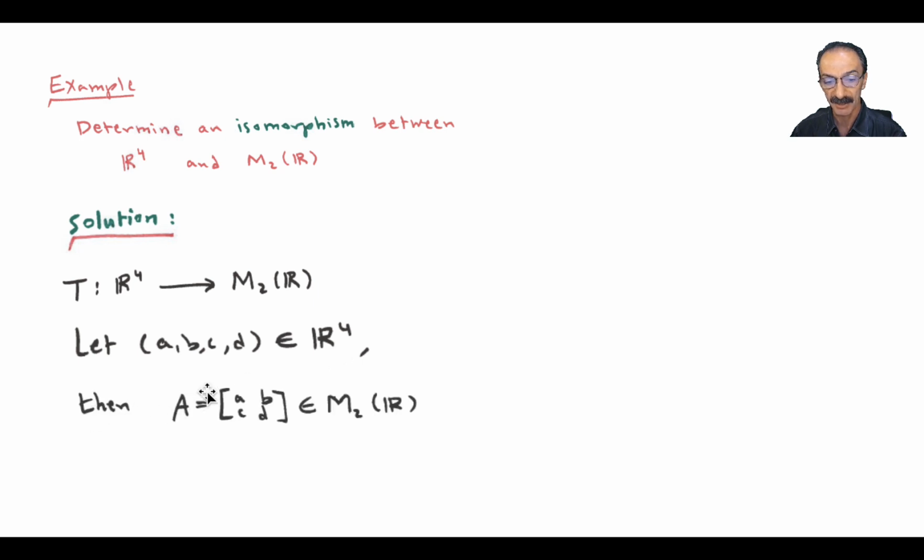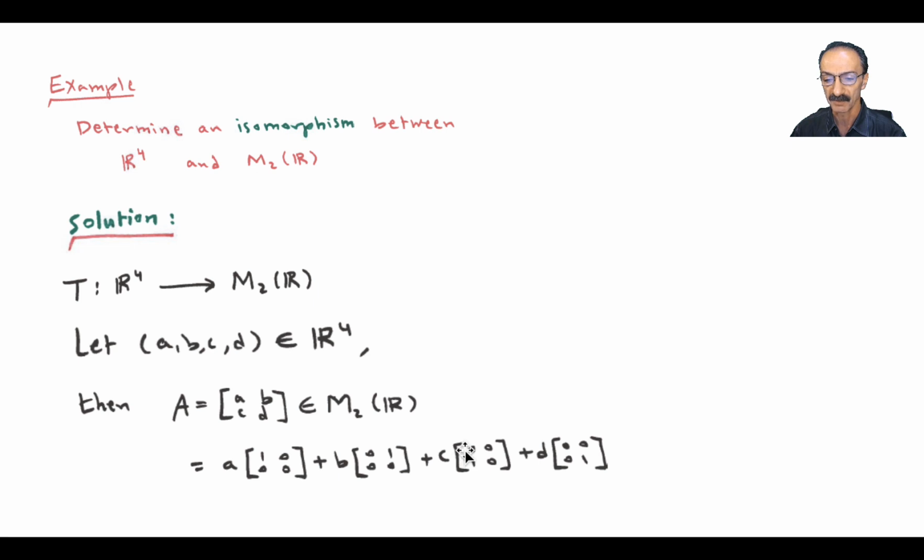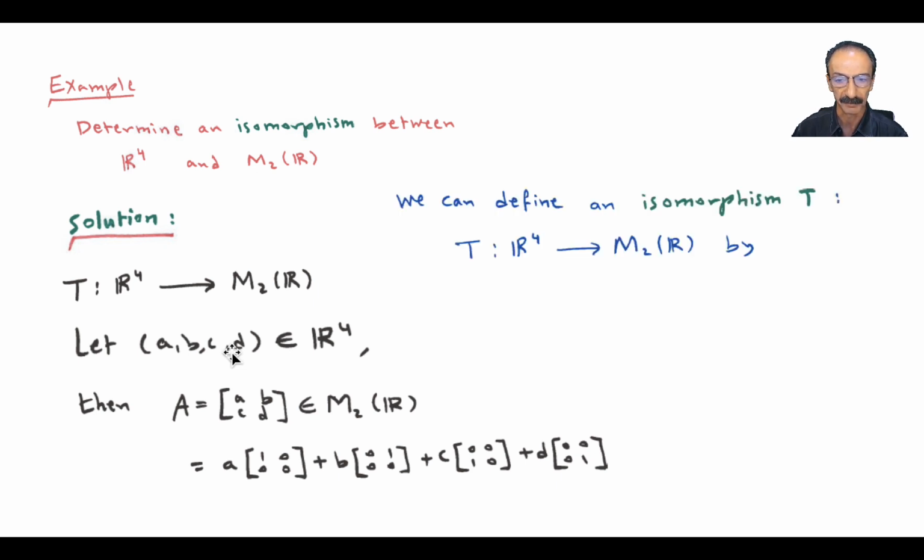Then the matrix A, B, C, D in M2 could be rewritten this way: A times [1, 0, 0, 1]... actually A times the matrix 1, 0, 0, 0, plus B times 0, 1, 0, 0, plus C times 0, 0, 1, 0, plus D times 0, 0, 0, 1. So you could see it even backwards. If you have a matrix right here, you could write it as a linear combination, and you pull out A, B, C, D. So you could see it both forward and backward.